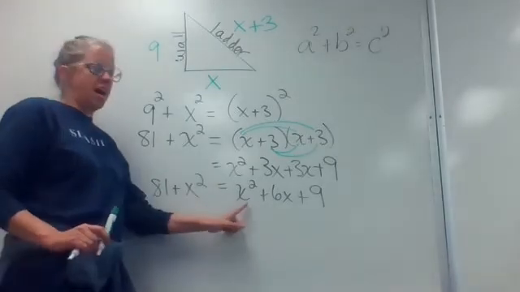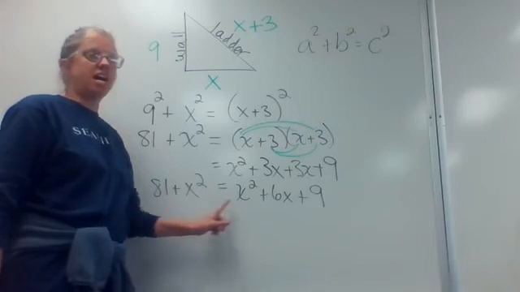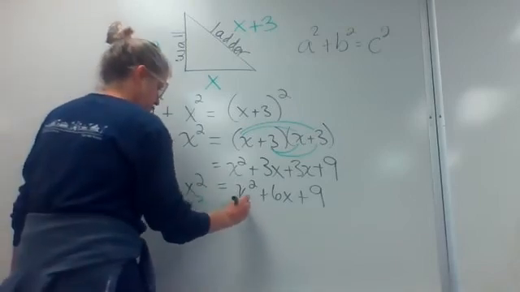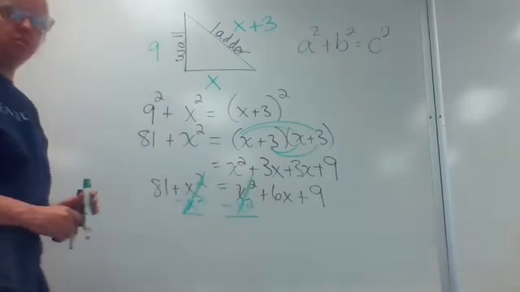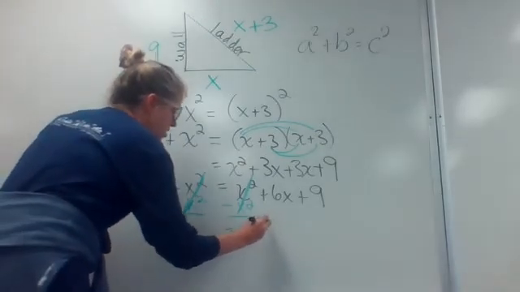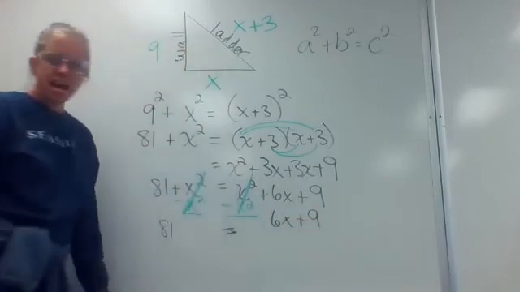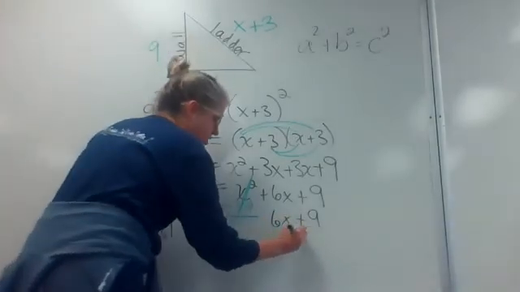I'll just drop the right side down. So it looks quadratic, but I have X squareds on both sides. So just subtract them off. So those cancel. So now I have 81 equals 6X plus 9, solving for the X. So get the X by itself.